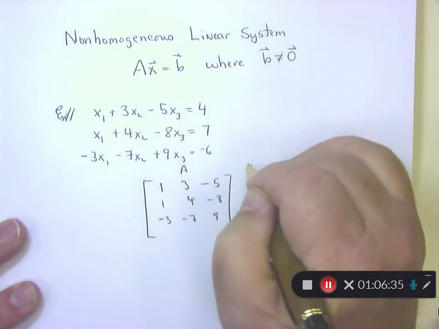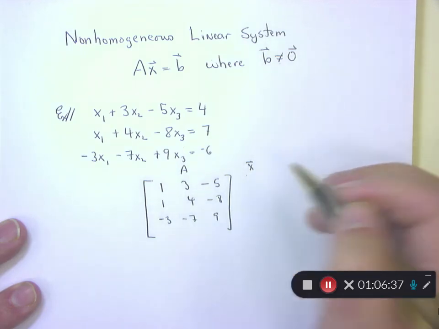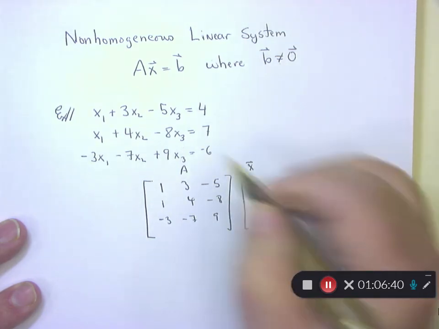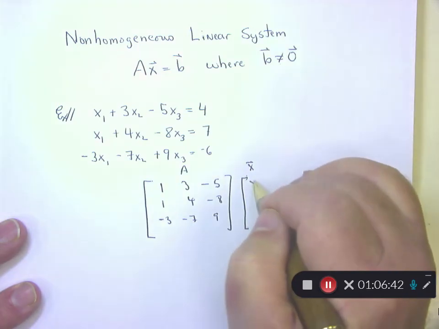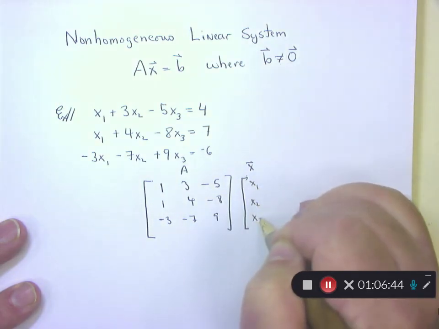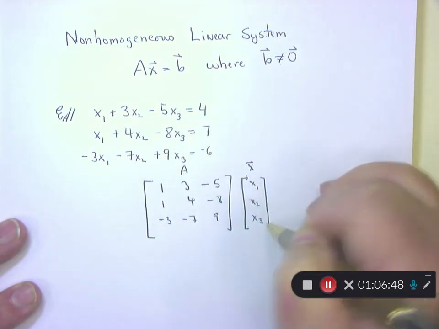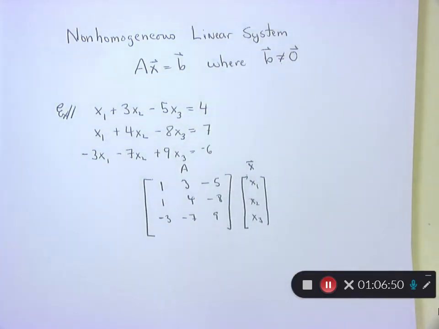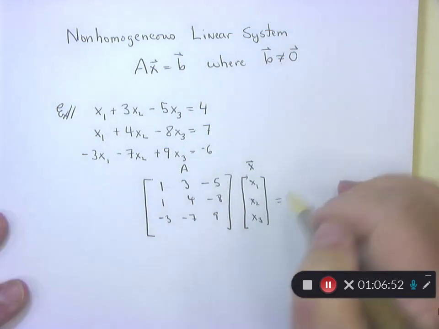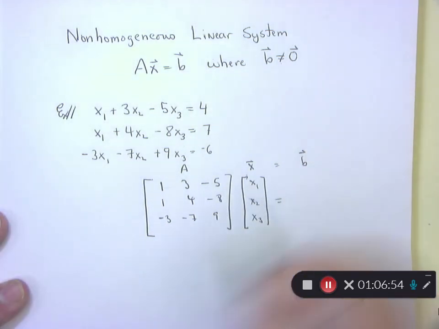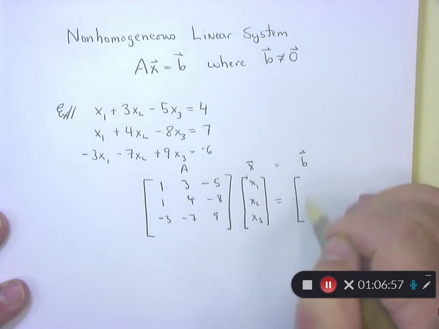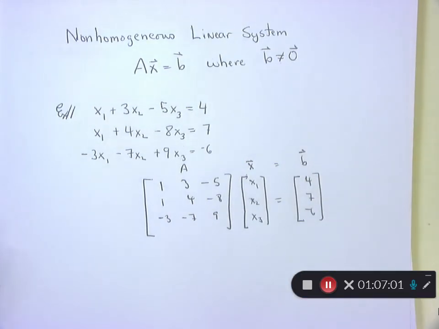The x as a vector would be the column vector x1, x2, x3, since it's row by column. And it's going to be equal to the b vector, which in this example is 4, 7, negative 6. Does that make sense? This is non-homogeneous.